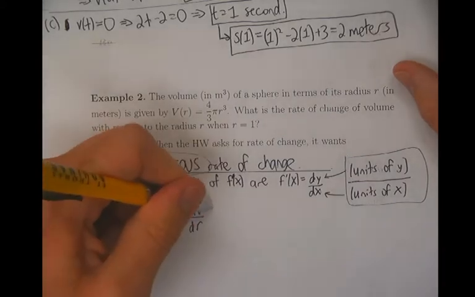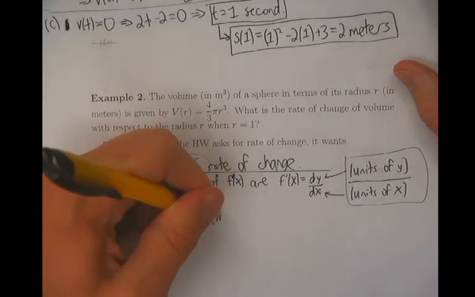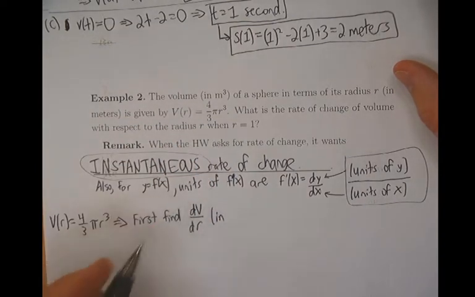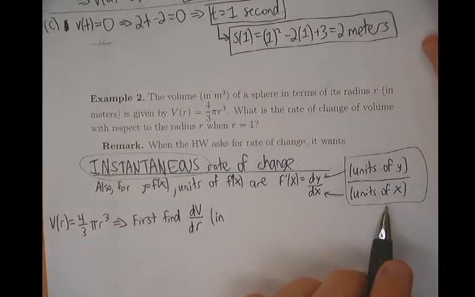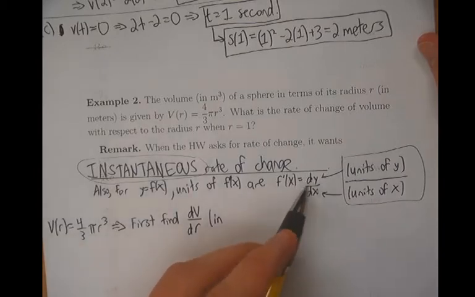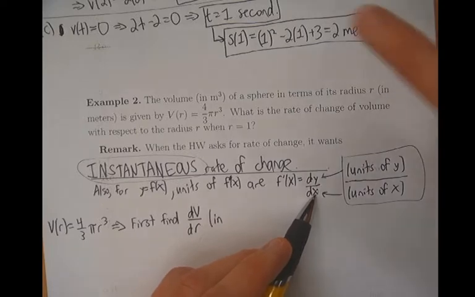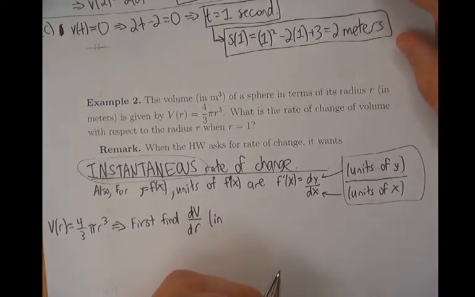So if that's the case, we say, all right, well, before we move on to what the derivative itself is, what would the units of this be based on our above remark? So in this case, our y variable is the volume, and our x variable is the radius.